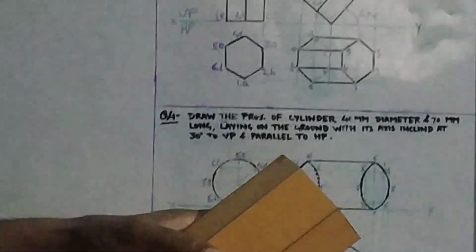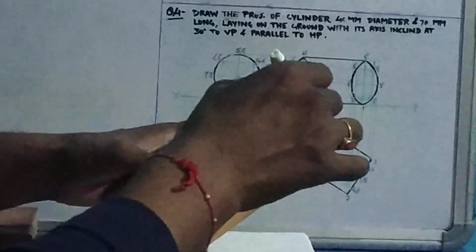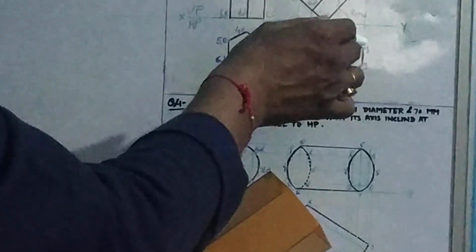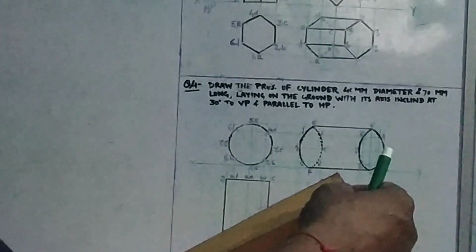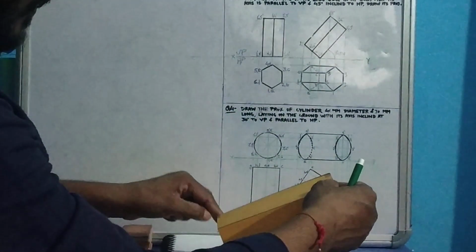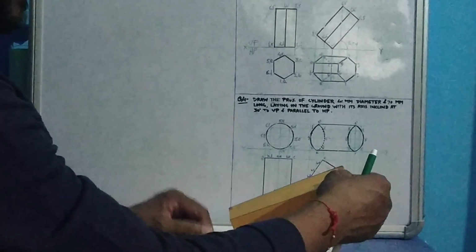if the question was what? If there is a hexagonal prism and it is inclined at 45 degree, when we see it from the top, we will get this reduced hexagonal shape. This is what we are getting here. When we are viewing it from the top, we get the upper surface, and 3 edges are hidden here.